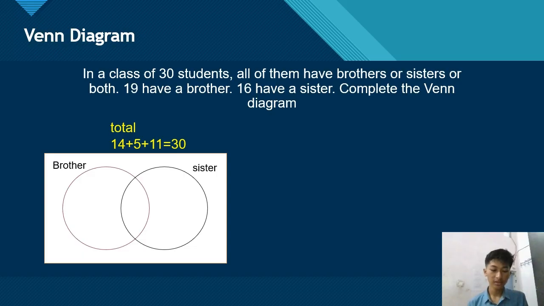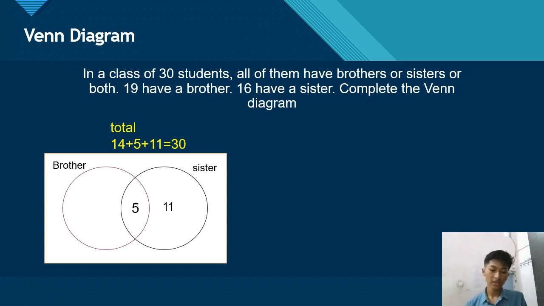If we add 19 plus 16, we end up realizing that we have 35, which is more than 20.